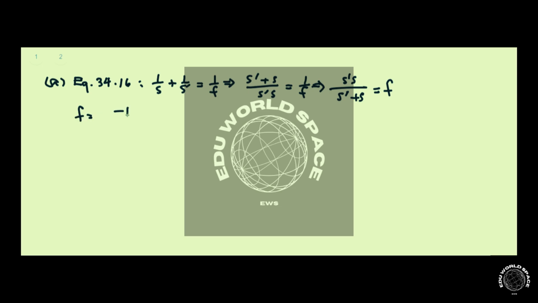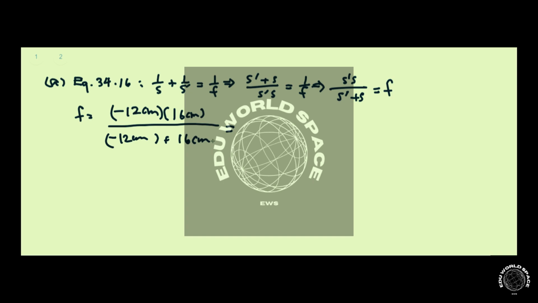So S prime is negative 12 centimeters, S is 16 centimeters, divided by negative 12 centimeters plus 16 centimeters.